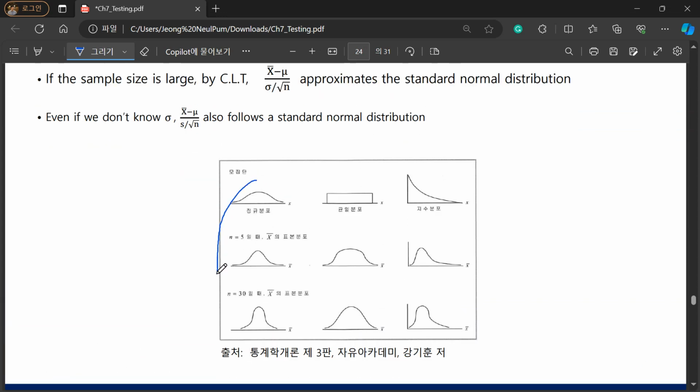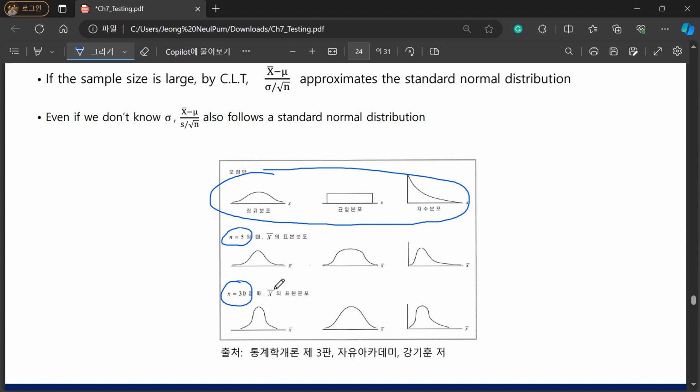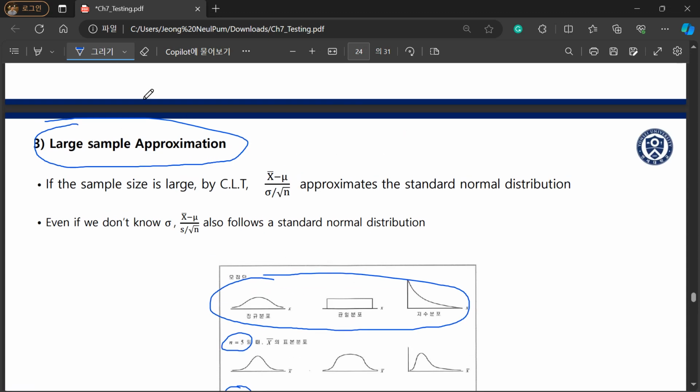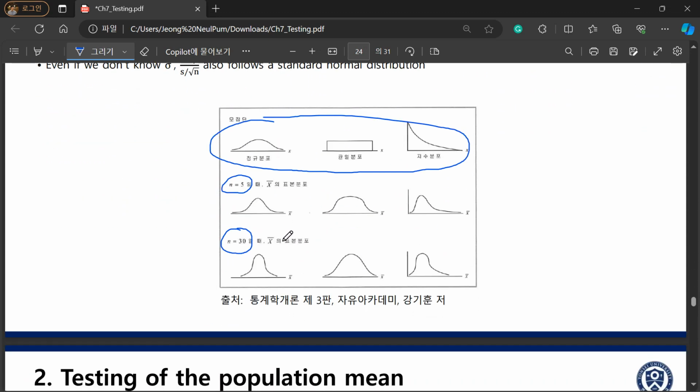So even though we start with any distribution, if the sample size is large enough that we can use the large sample approximation, we know that our sample mean follows the normal distribution like this one.